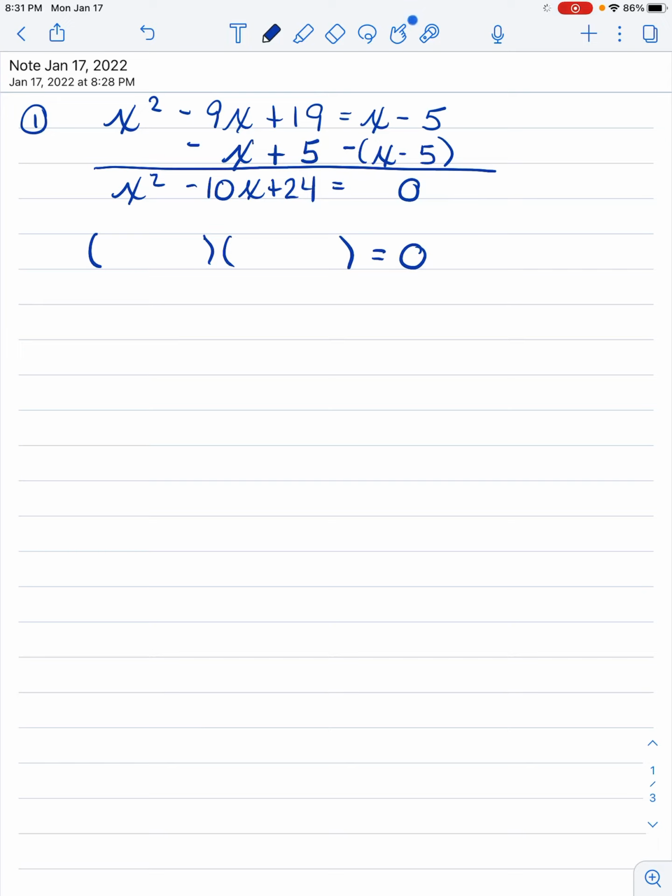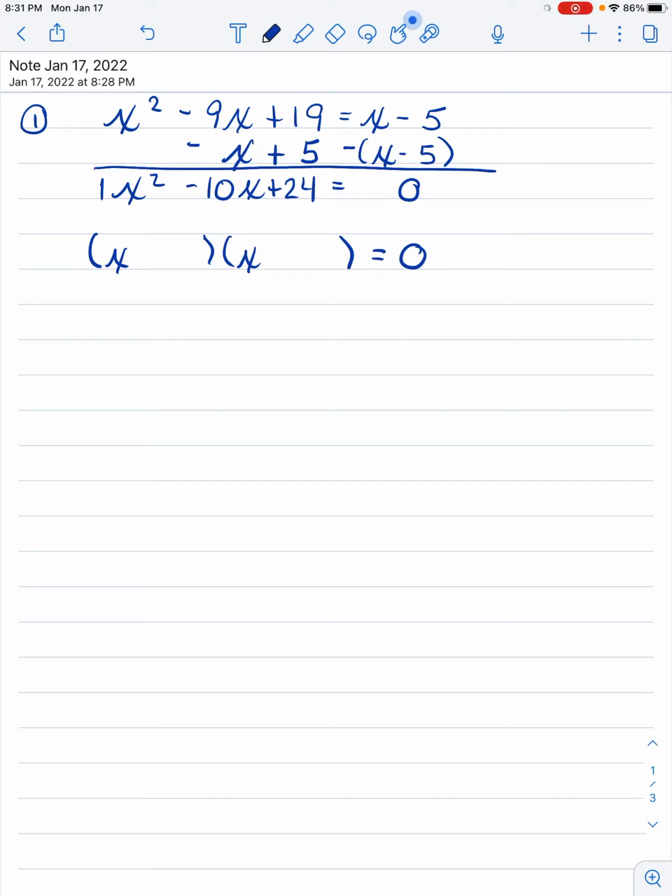Now, since the leading coefficient is 1, all I have to do is put an x in each binomial because x times x is going to give me x squared. And now I'm going to look at the constant.